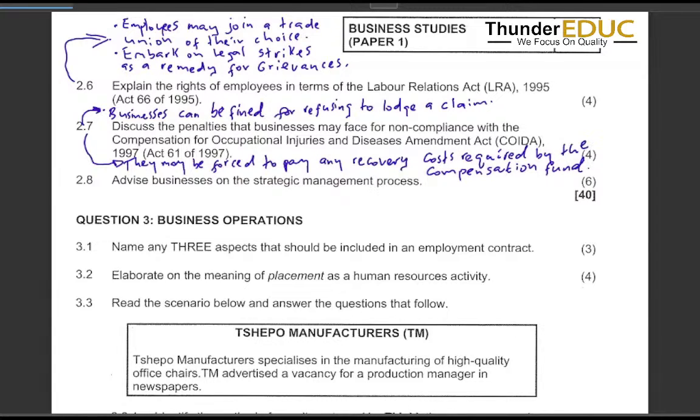2.8 reads as follows: advise businesses on the strategic management processes. So we have 6 marks.